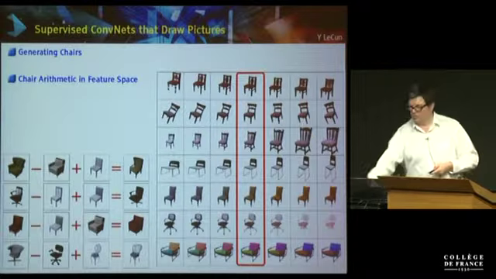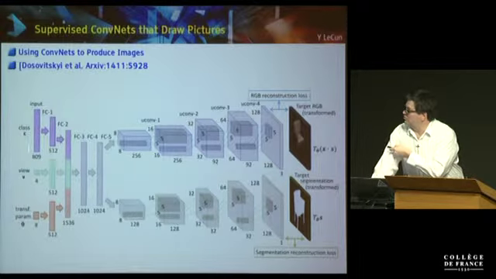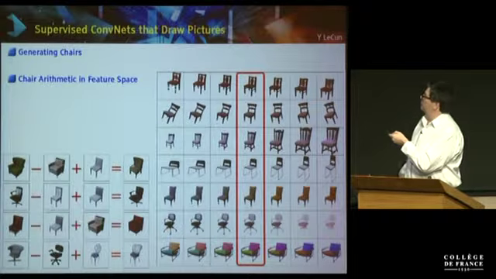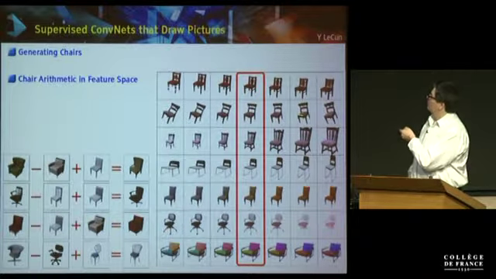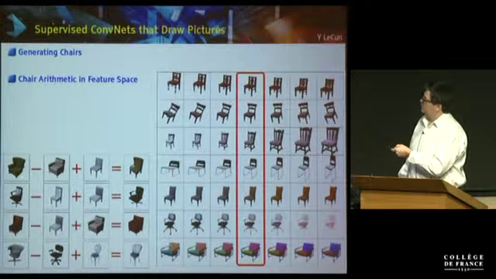At the end, by varying the values you enter, you can rotate the chair, calculate chairs that are a sort of linear interpolation between several chairs, vary orientation, size, and nonlinear parameters, and do arithmetic on chairs.